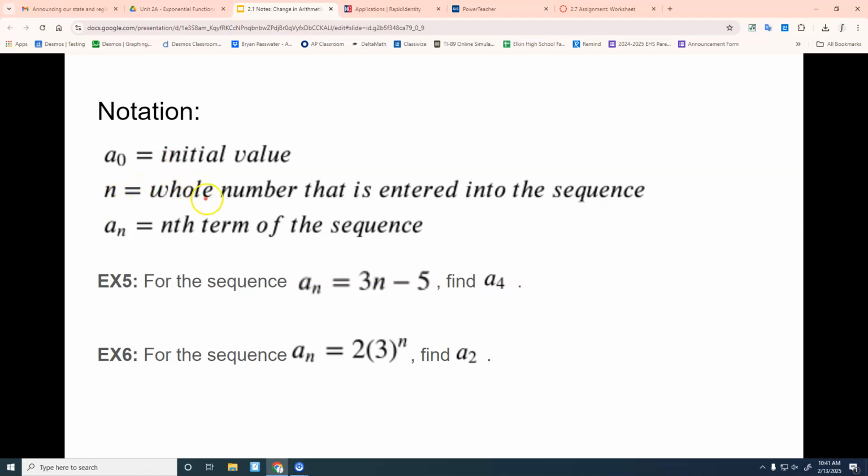N is the whole number that is entered into the sequence. So the N can be the first number, second number, third number, and so on. It's going to depend on how the sequence is defined, how it gets plugged in. And we'll see that here in a little bit. And then A sub N is the nth term of the sequence.